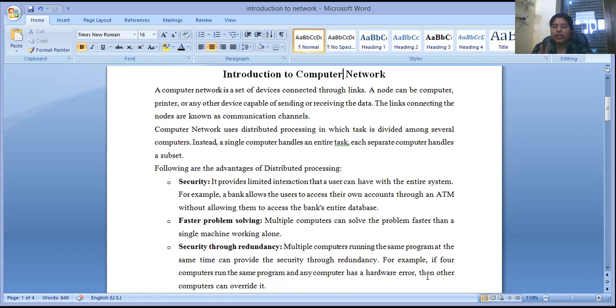Instead of a single computer handling the entire task, each separate computer handles a subset. If one computer handled all the tasks, it would be very complicated to manage all that data.